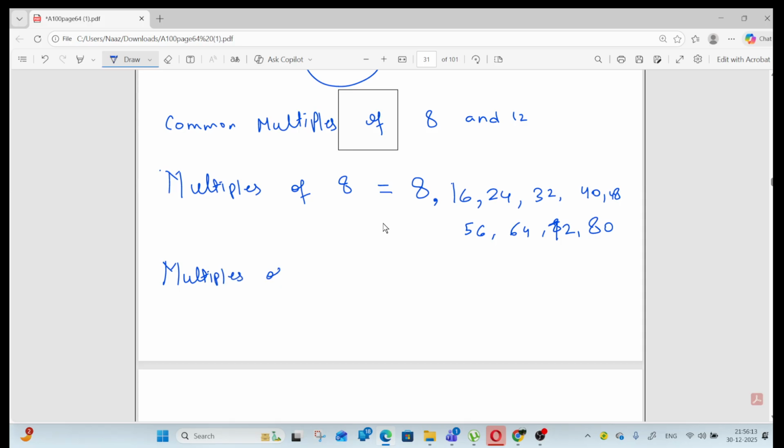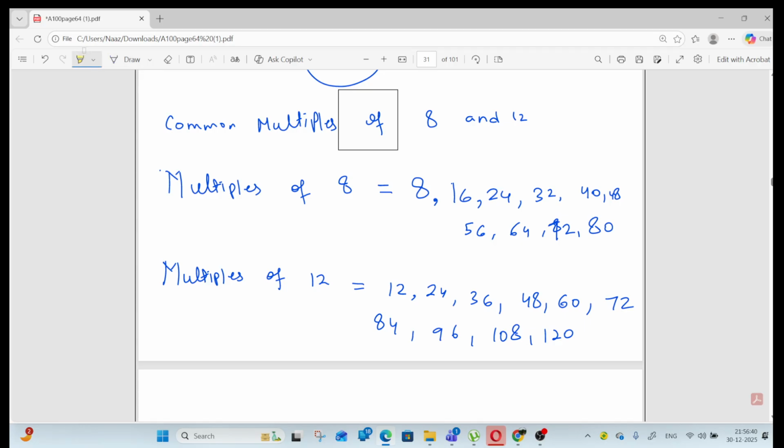Then we write the multiples of 12. Again we start with 12, and then we have 24, 36, 48, 60, 72, 84, 96, 108, 120, like that.